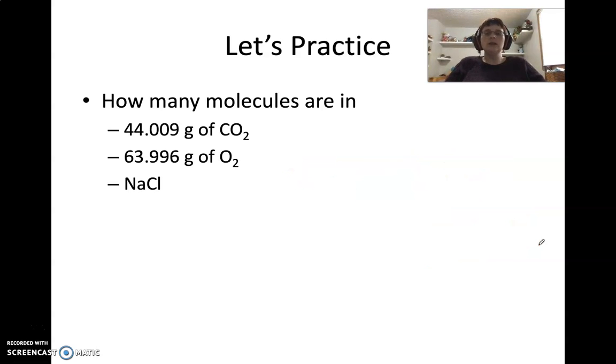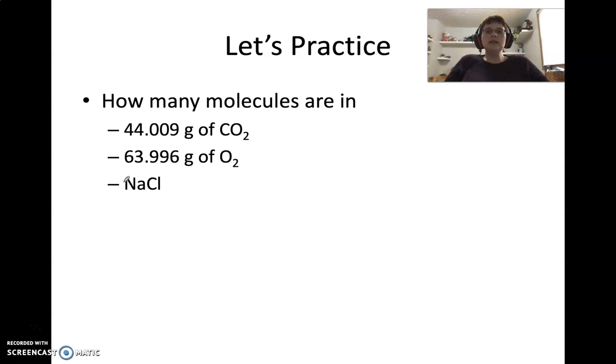So let's take a look at another problem. So this one, sometimes when people see this, they're like, I have no idea what to do with that. You've just given me a formula. How am I supposed to figure out how many molecules are in that? Well, take a second and think about what you see. So when you see a formula, what is assumed about a formula like this?